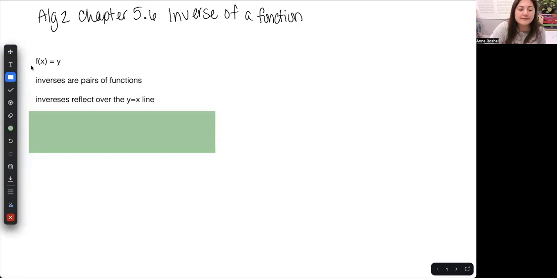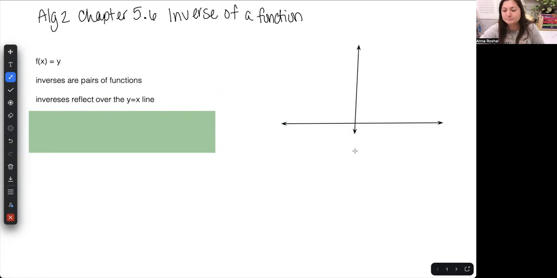So if I were to get my handy dandy fancy pants not calculator, but maybe a graphing calculator or Desmos, and I would graph, that is a terrible line. Okay, let's make this a little bit better, a little bit cleaner. Okay, we're gonna pretend like that works.